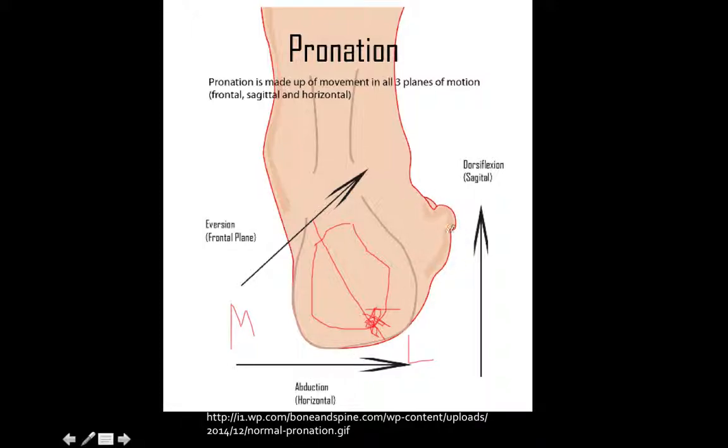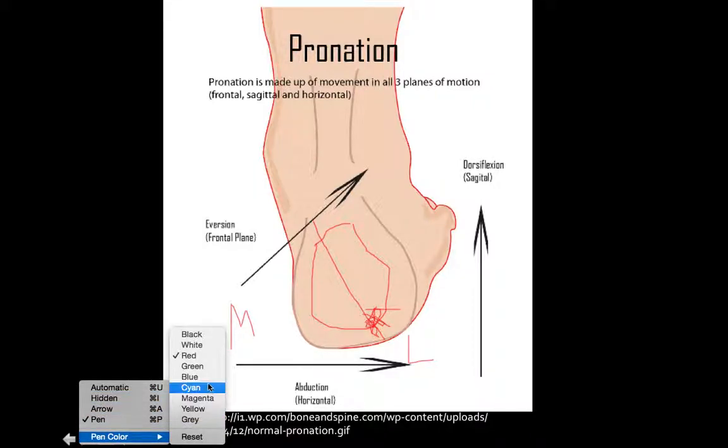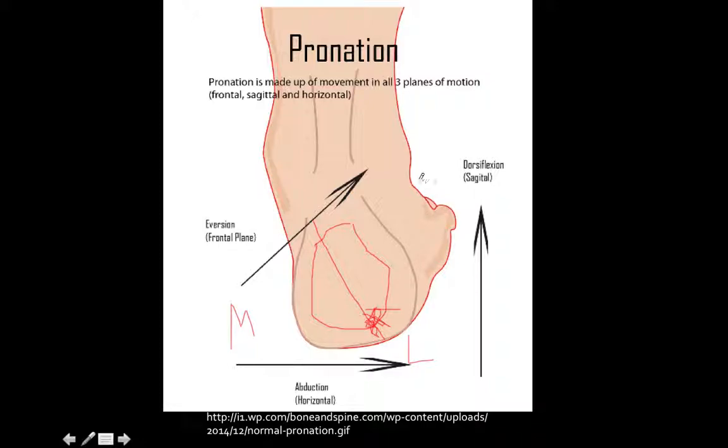And then we are also going to have abduction of our forefoot. So right here with our forefoot, it is going to be abducted. So one of the tests that you will do eventually is called, I think, the too many toes test. If you have a foot that presents with pes planus, or when you watch someone walk, if they have excessive pronation, you will be able to see toes on the lateral aspect of the foot. That's because the toes are being abducted away from the midline.